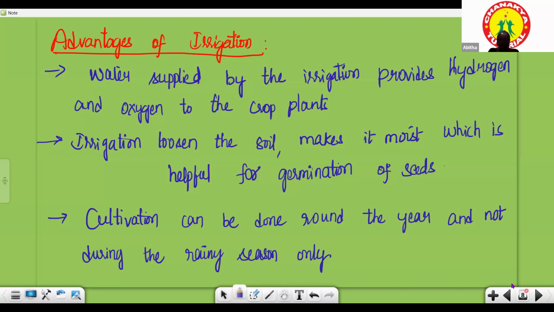Advantages of irrigation. Water supplied by irrigation provides hydrogen and oxygen to the crop plants. Irrigation loosens the soil and makes it moist, which is helpful for germination of seeds.